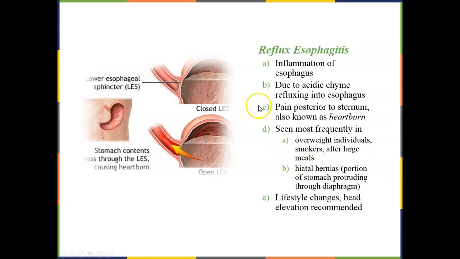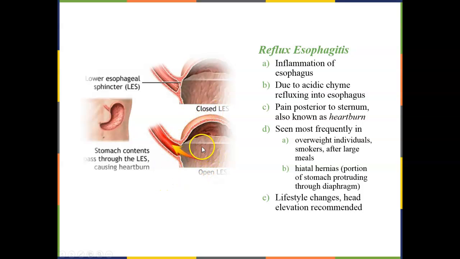Okay, so typically the treatment is, most people will take Tums or something to decrease the acidity, an antacid medicine. You might take that pink bismuth or whatever.